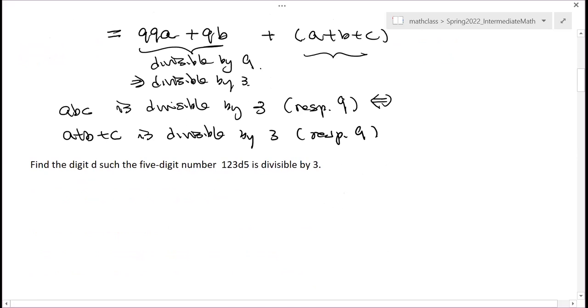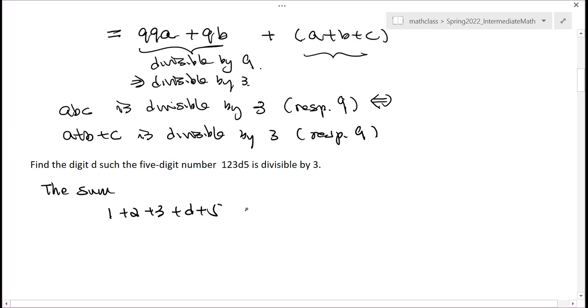Find the digit D such that this 5-digit number 123D5 is divisible by 3. Well, all you have to do is check the sum of the digits. So the sum of the digits is going to be 1 plus 2 plus 3 plus D plus 5. We want to make sure it's divisible by 3.